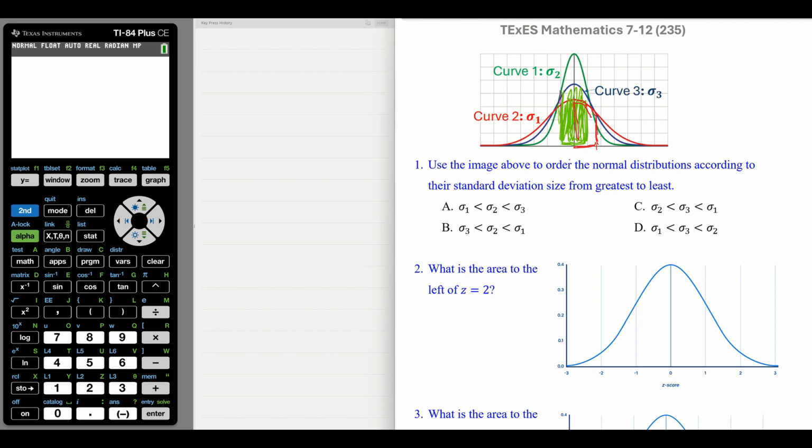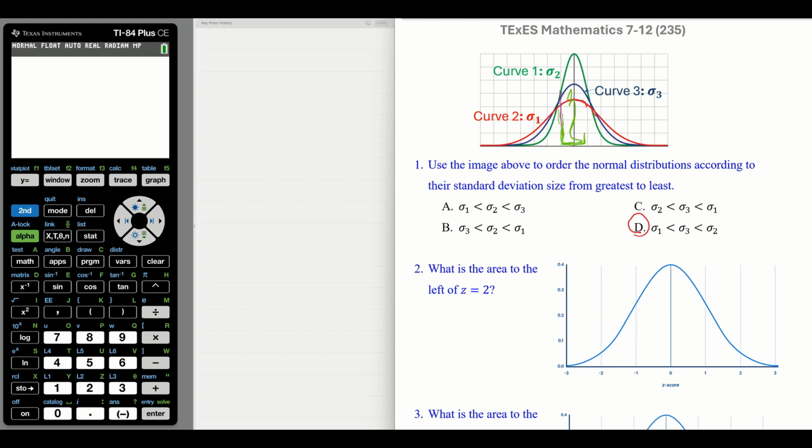You'd have to compare them against z-scores. Either way, you can kind of just tell by eyeballing, and I think that's the purpose of this question, to test that. And we see that that's D. It would be 1, the green, then 3, the blue, and then 2, the red.